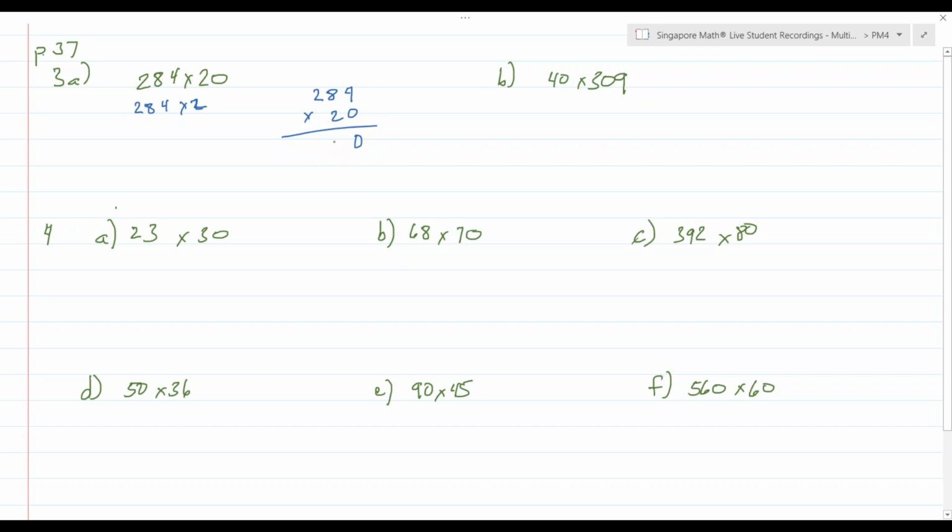So 2 times 4 is 8. 2 times 8 is 16. 2 times 2 is 4 plus 1 is 5. Because you see 284 times 2 is 568 times 10. That 10 will always, when I'm multiplying by 10, I always have a 0 at the end. 568 times 10 is 568 tens.